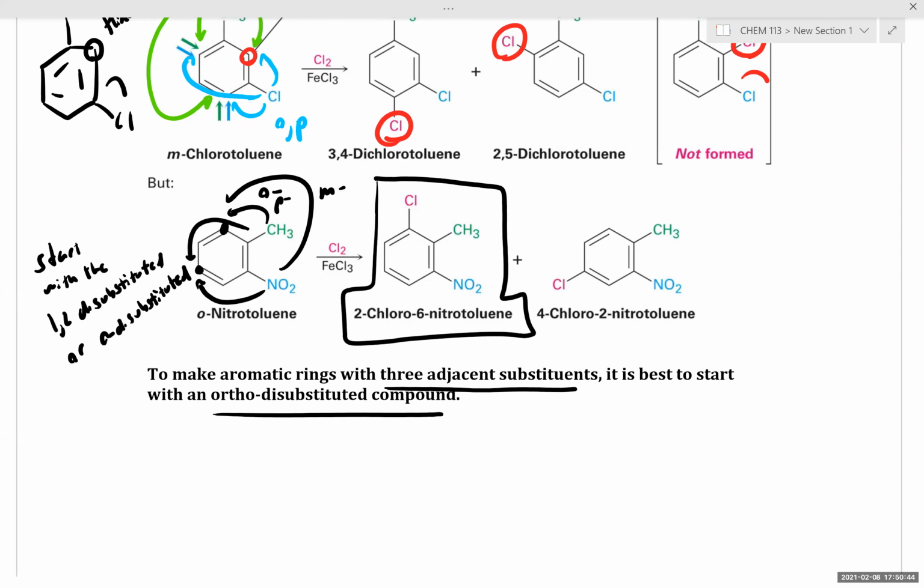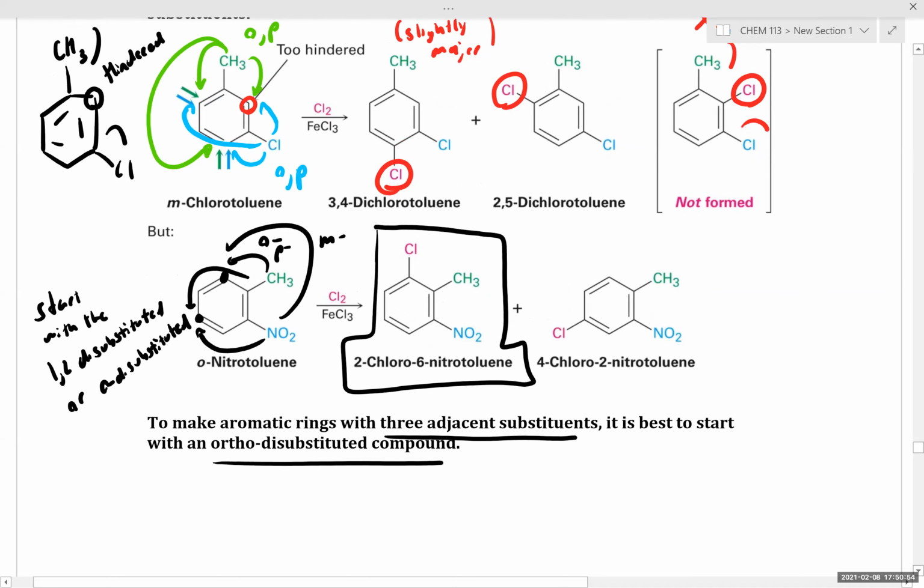Wait, so I'm assuming the chlorine wasn't placed in between the methyl and the nitro. Yep. That's no steric, is what you're saying? Or we have less issues with steric strain, because when we start from the ortho disubstituted compound, you're not trying to place your substituent between 2 bulky groups already present in your ring.